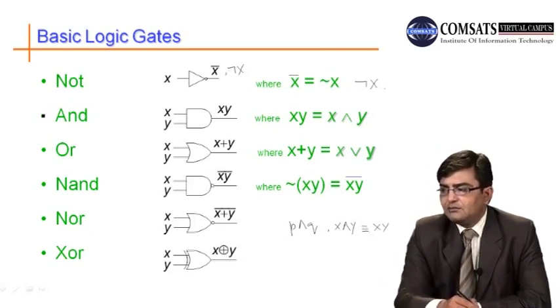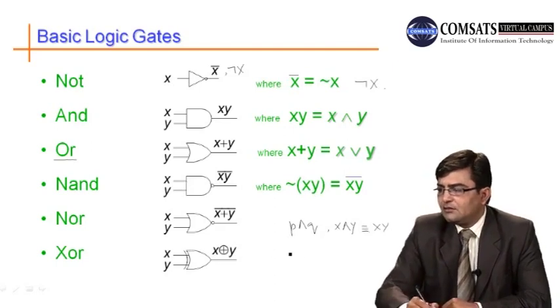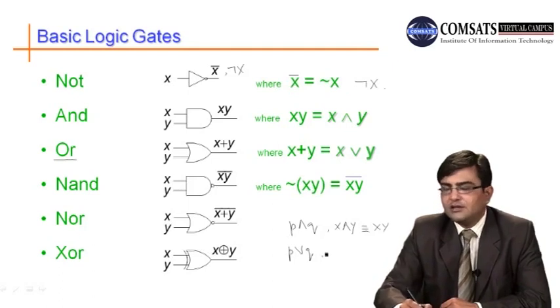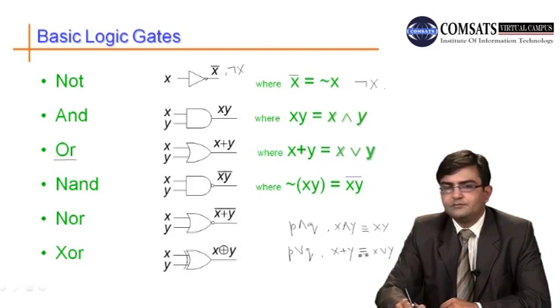The next logic gate is OR. We have studied that OR is basically the disjunction operator. It is applied to two propositions P or Q. And in logic gates we express it as x plus y, which is logically equivalent to x or y.